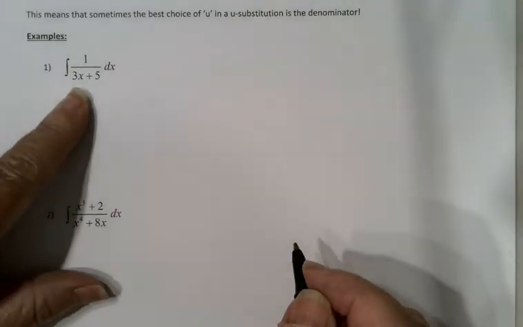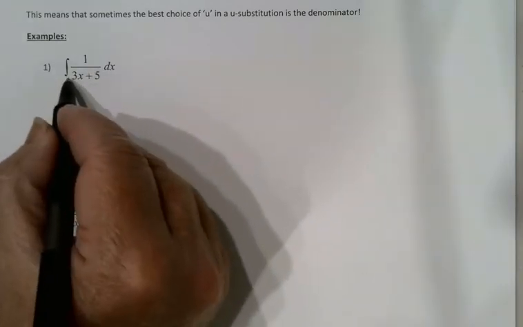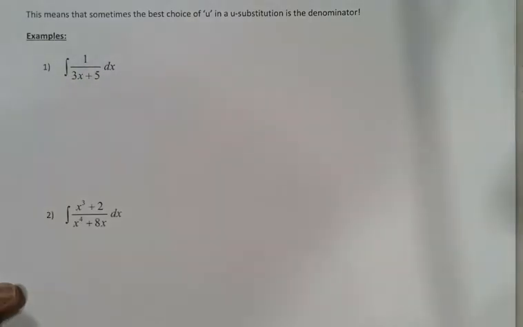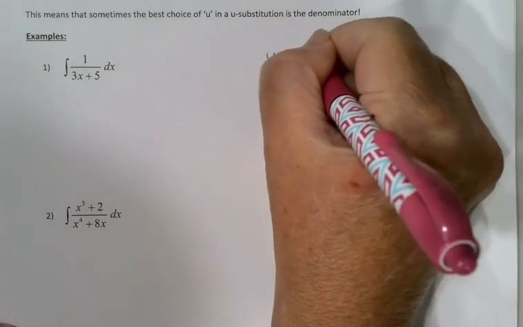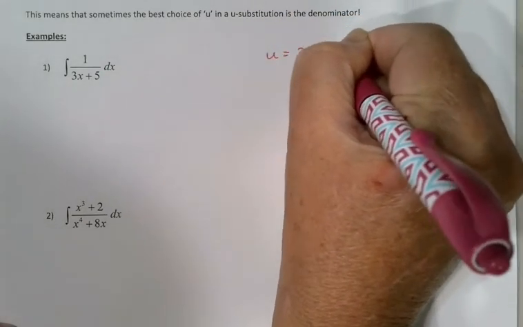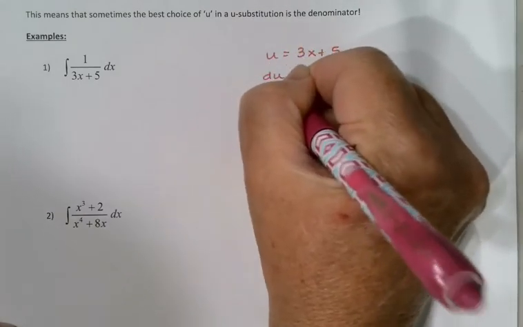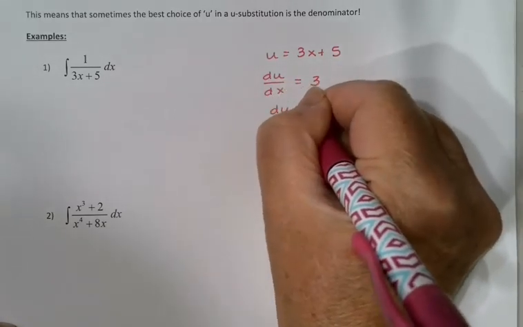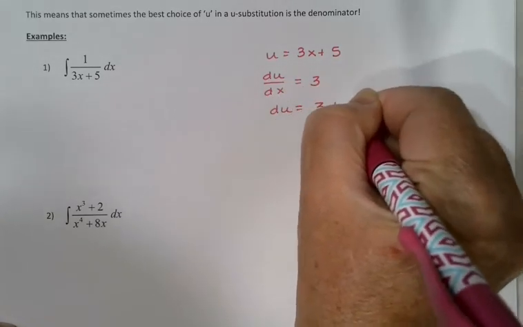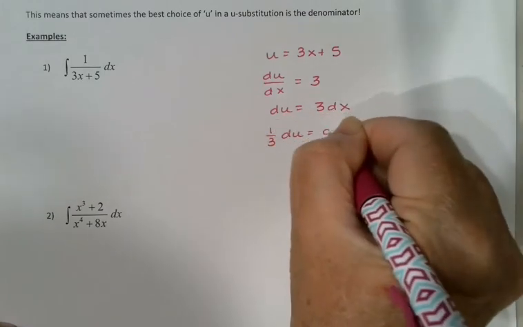In number 1, there's no obvious inner function, so I'm just going to look at this denominator, 3x plus 5, and try to let that be my u. So du dx will be 3. du is 3 dx, and 1/3 du would equal dx.